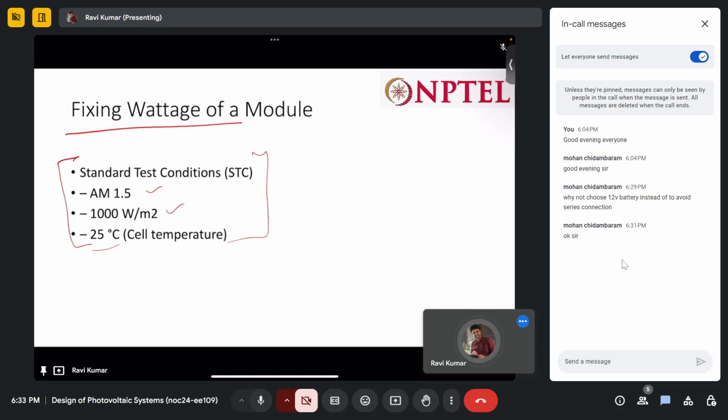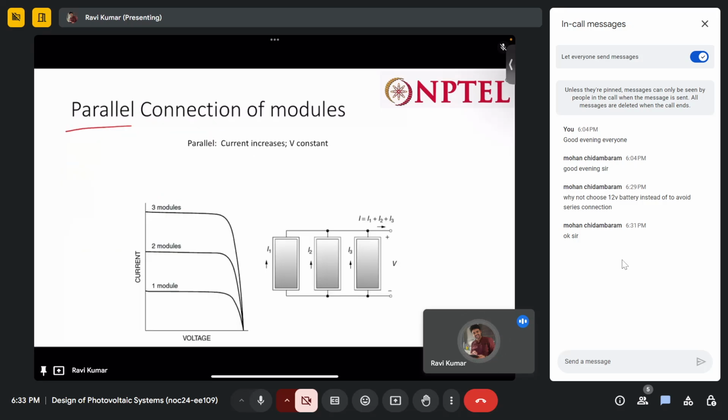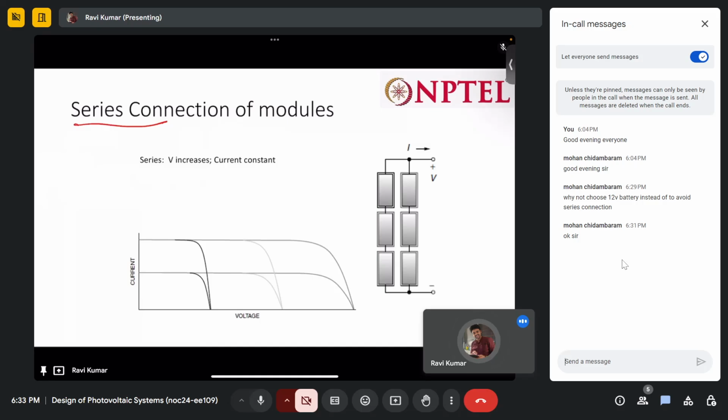Before this, we will see a simple thing. Similar to the battery, we can connect our PV modules in parallel or series connection as well. In parallel, current will increase and voltage will remain the same; the current will add up. Similarly, in series connection, our voltage will add up and current will remain constant.